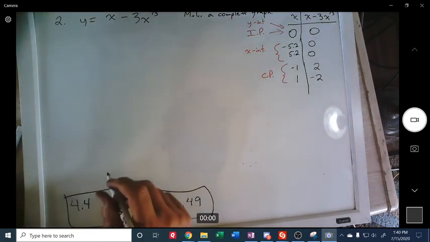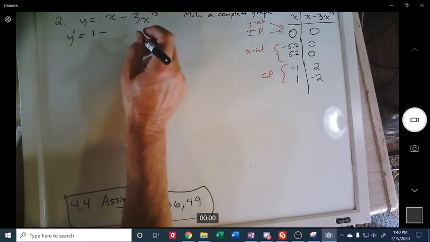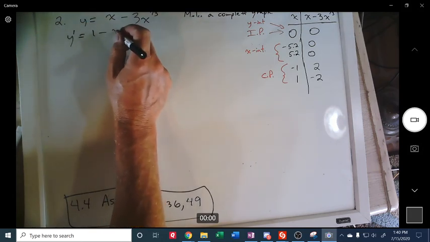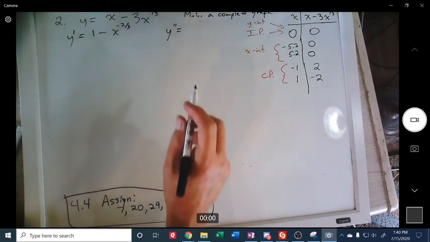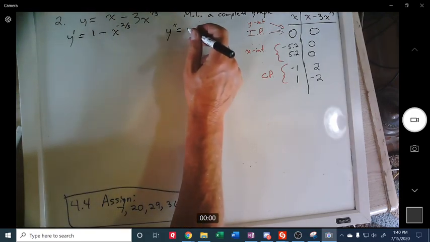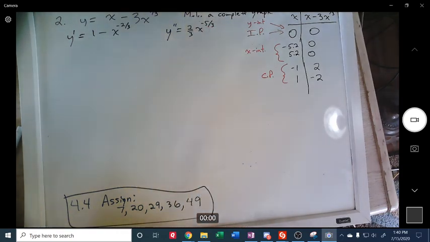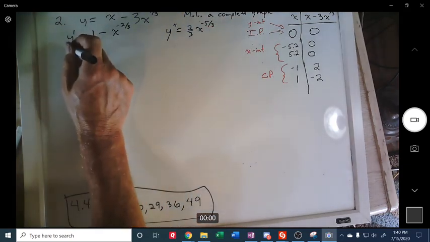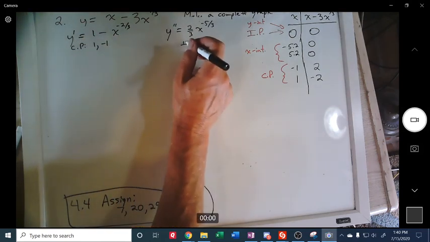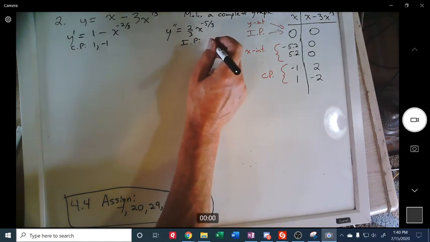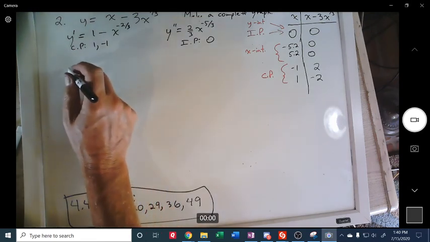I probably should have kept the derivatives, but they're real quick to find. Y prime is 1 minus x to the -2/3. Y double prime is 2/3 x to the -5/3. Okay. And critical points are 1 and -1. Inflection point is 0. And so now we have our table.